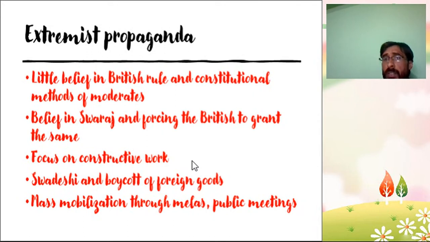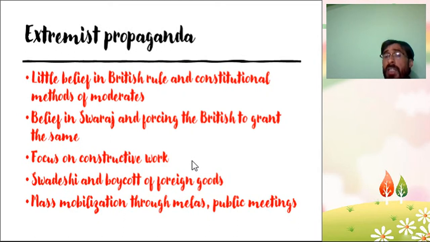Therefore, they believed in adopting such measures which would paralyze the government. They believed in Swadeshi and boycott of foreign goods, government institutions, government schools, government law courts, etc. On the other hand, they believed in Swadeshi. They believed in settling the disputes through local panchayats.